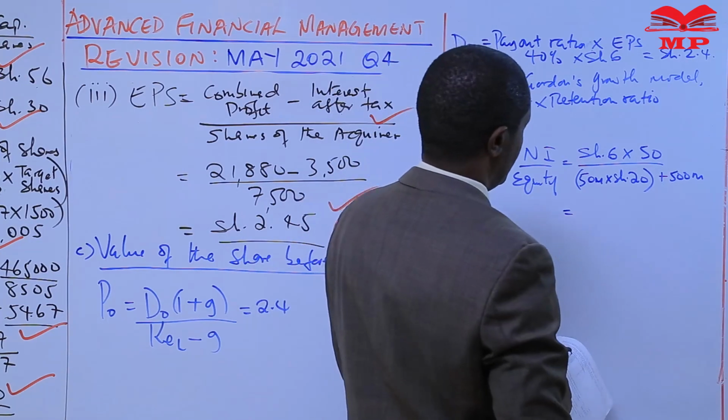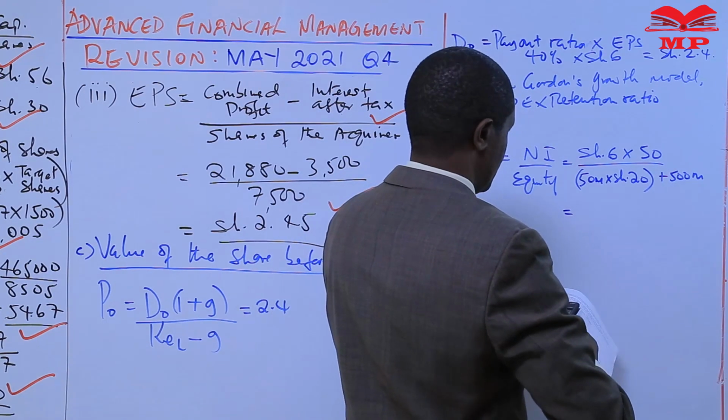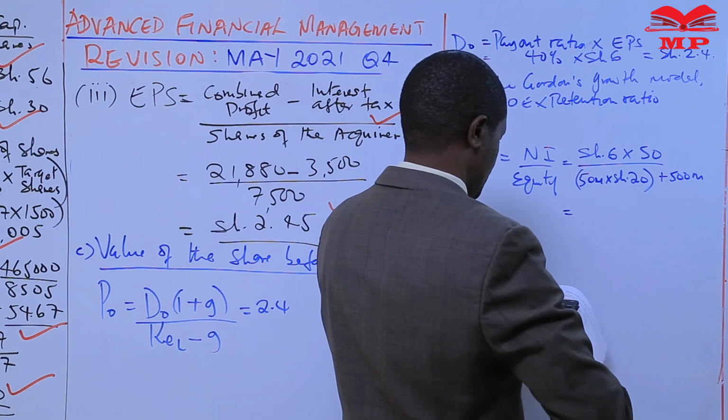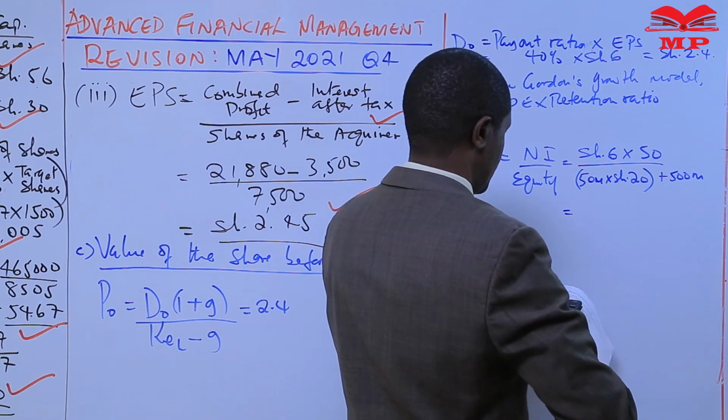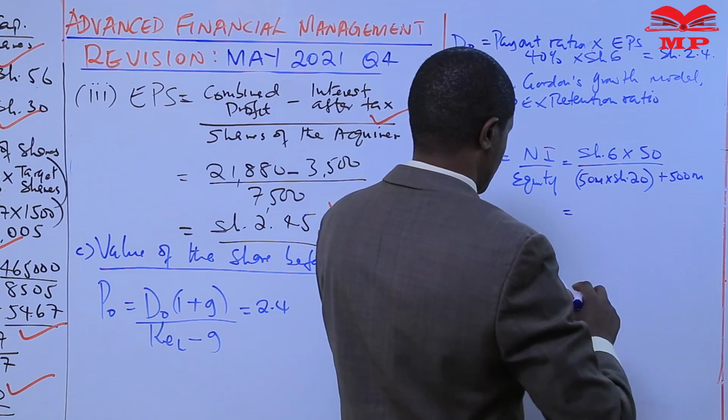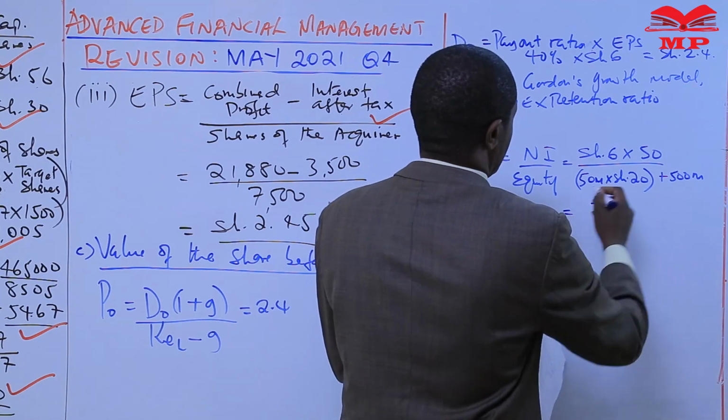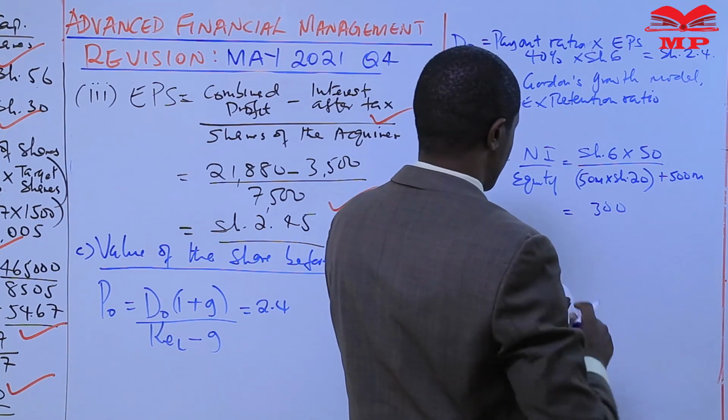So we have 50 times 6 is 300. That is the net income.